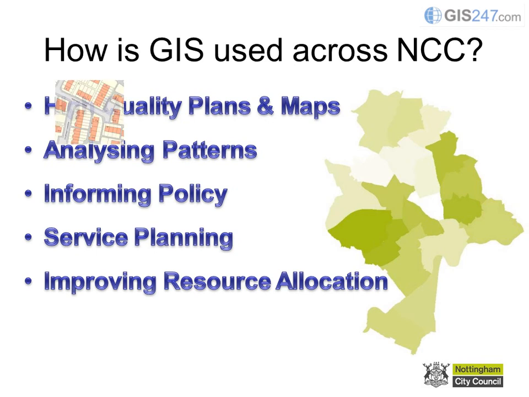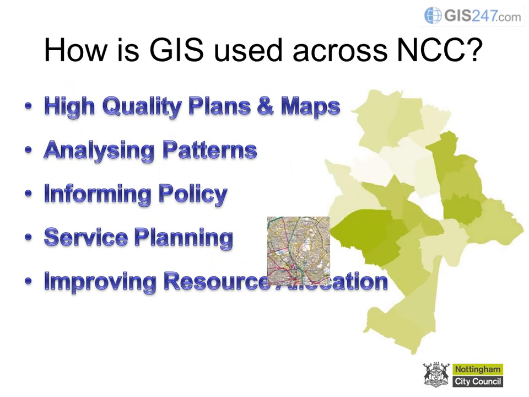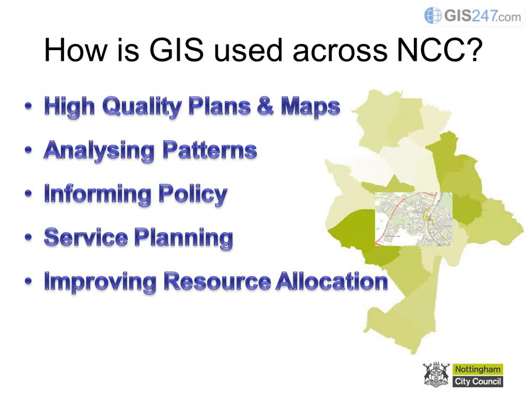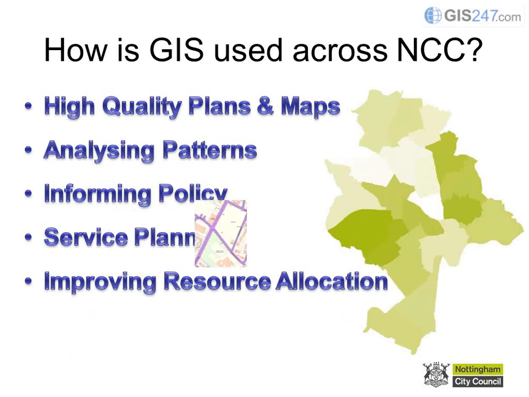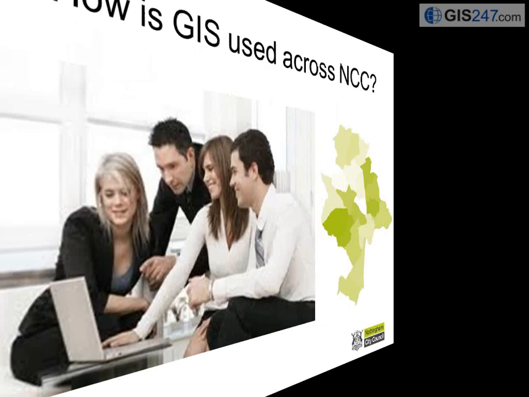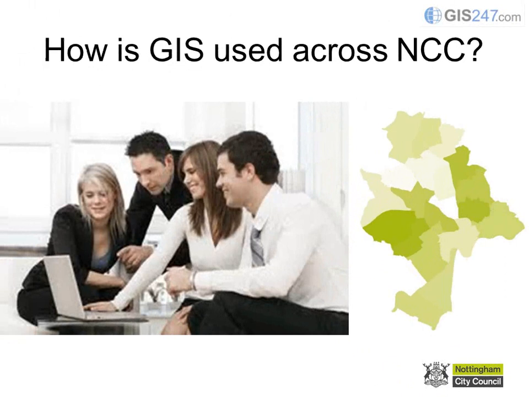This data and the information it yields is now considered an asset by the authority, and it is important that all the users of GIS in the Council contribute to ensuring data reliability and integrity, and that data is shared where possible. There are many levels of GIS users across the authority in a range of different areas.